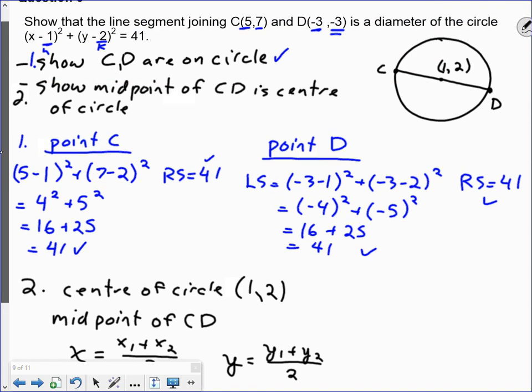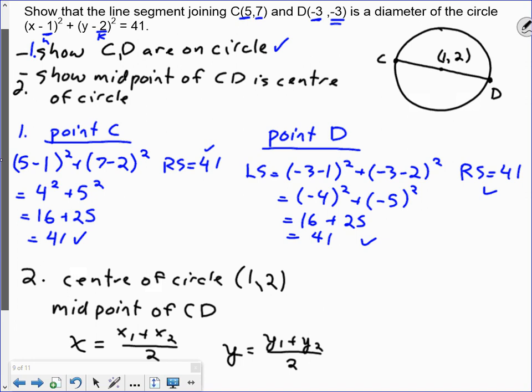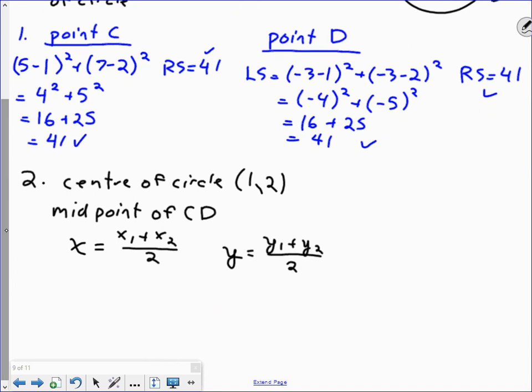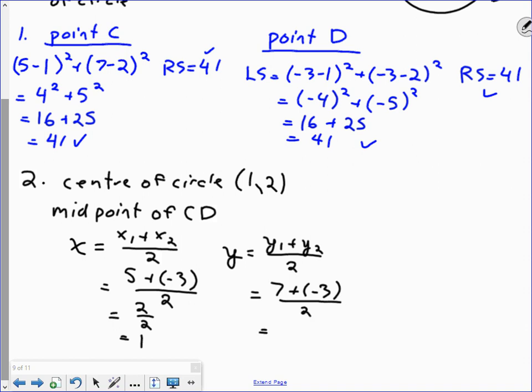So our C and our D, we have our coordinates there, 5, 7, and negative 3, negative 3. So 5 plus negative 3 divided by 2 is going to be 2 over 2, which is 1. And for our y values, 7 plus negative 3 divided by 2, which is 7 minus 3 is 4, divided by 2, which is 2.